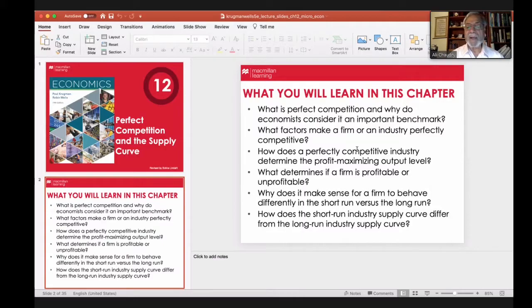So we'll talk about the difference between the short run and the long run to make sure that the distinction is clear. And finally, how does the short run industry supply curve differ from the long run industry supply curve when finally things get settled?